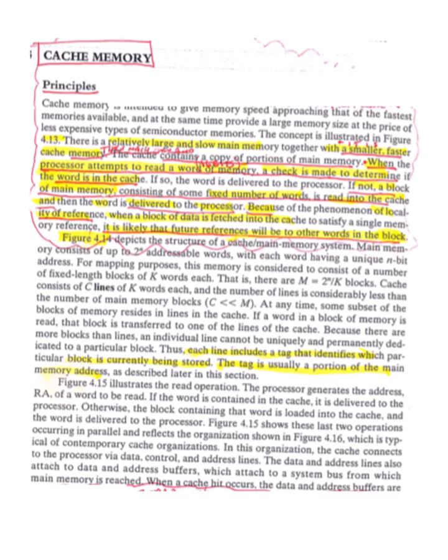So now, quickly reiterating some of what we just talked about, you have a relatively large and slow main memory, and then you have this faster cache, and the cache contains a copy of a piece of main memory. When the processor wants to read something, a word, for example, from main memory, a check is made to determine if the word is in the cache.